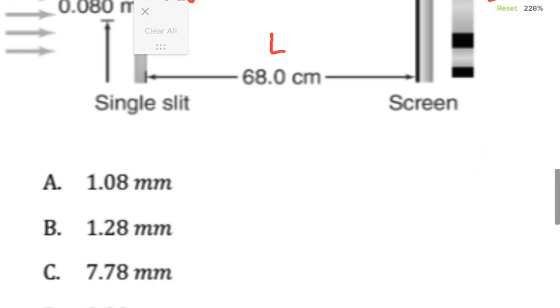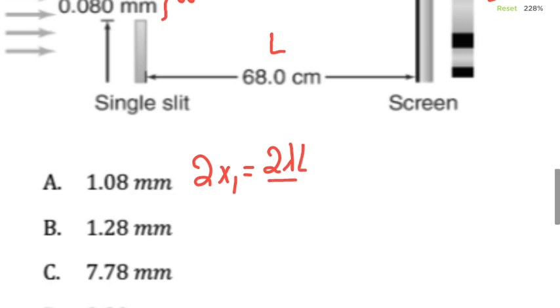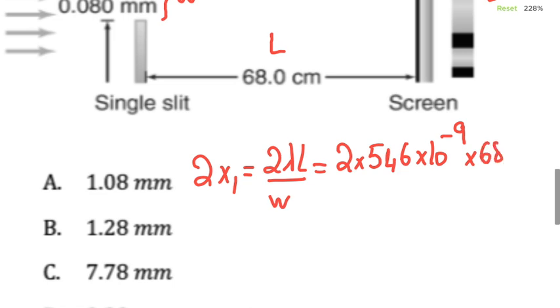So it is 2 times 1, which is 2 lambda L over W. The wavelength is 546 times 10 to the power of -9 because of the nanometer. The distance is 68 centimeters, so I'll also convert from centimeters to meters.